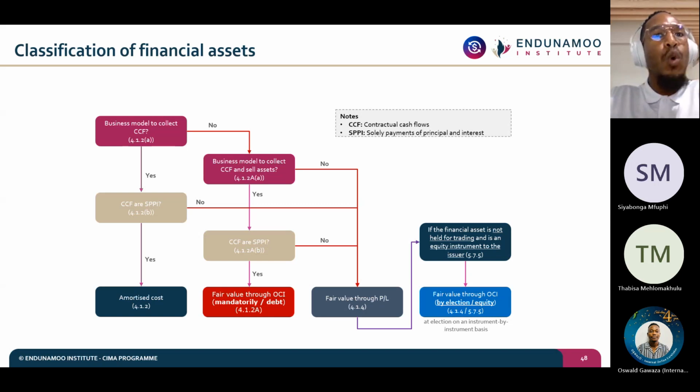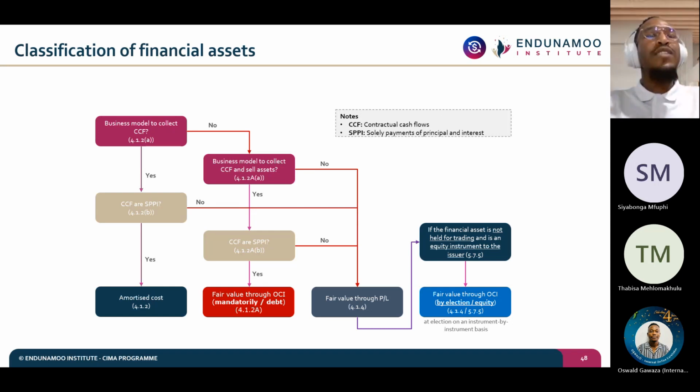The answer would be a no. And that would immediately bring us to the fair value through profit or loss bucket of things. We wouldn't be able to go through fair value through OCI or amortized cost. We would simply go straight to fair value through profit or loss because the contractual cash flows are for credit risk and something else, you know, that something else being my profit performance or some other variable.